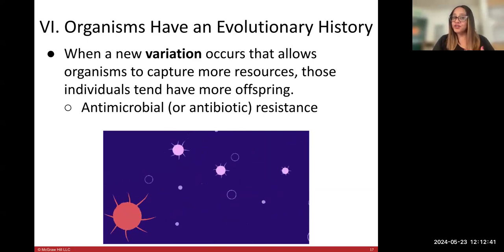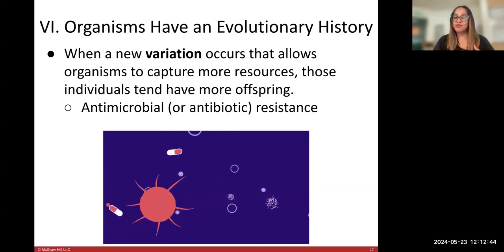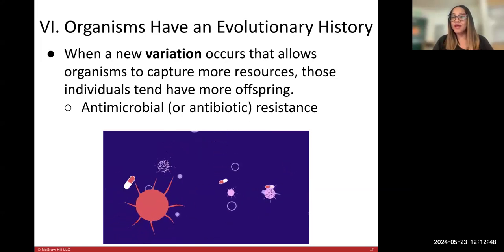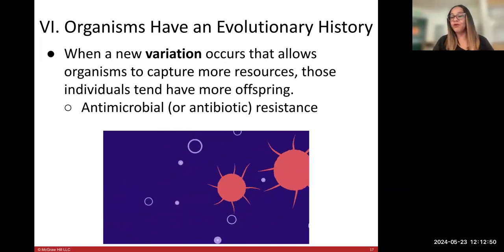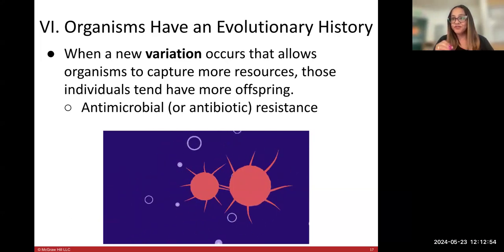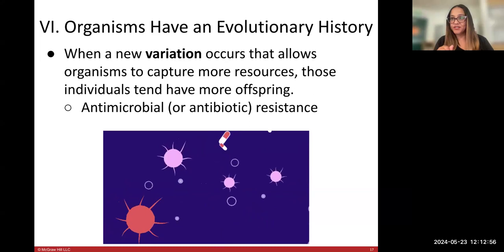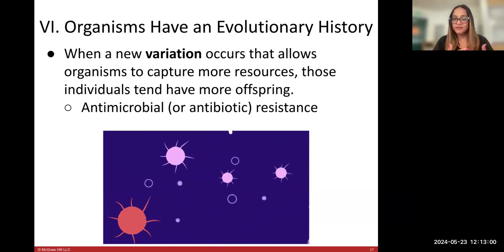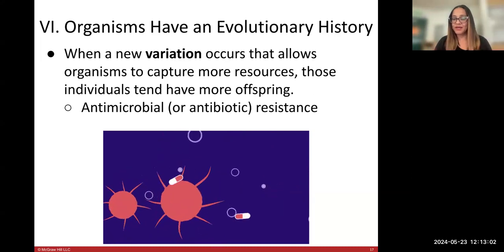When a new variation occurs that allows organisms to capture more resources, those individuals tend to have more offspring. This is what happens a lot in antimicrobial or antibiotic resistance. In the GIF, there's the light pink bacteria, and the antibiotics come along and kill it. Well, that bacteria mutated, now it's red.